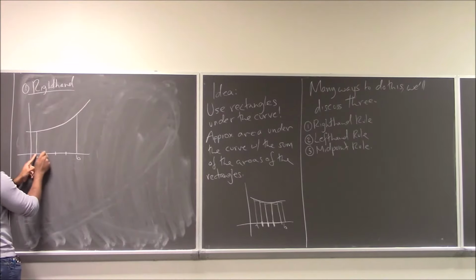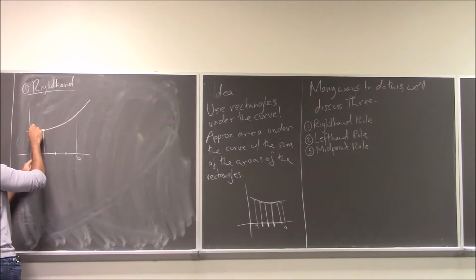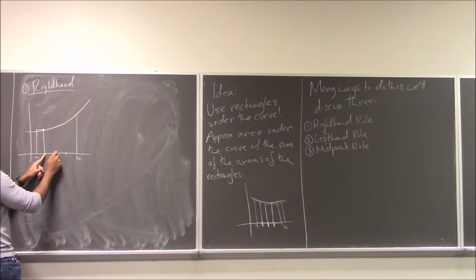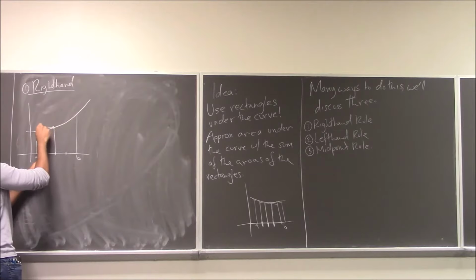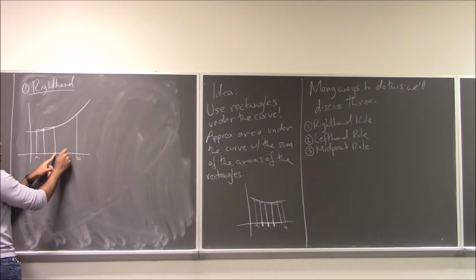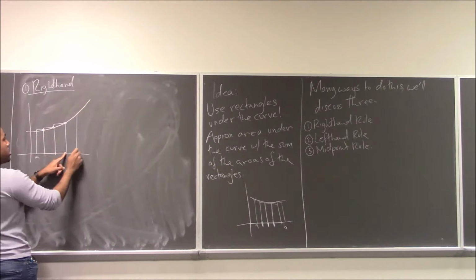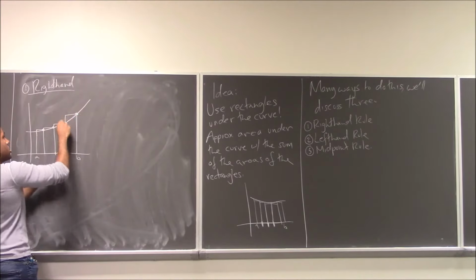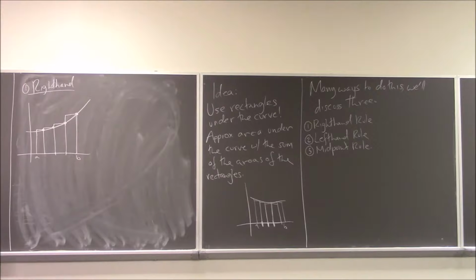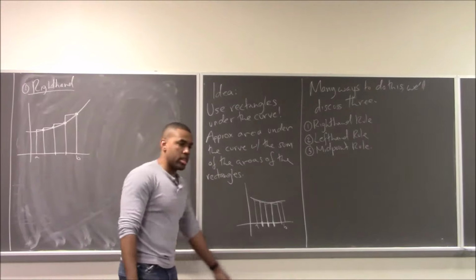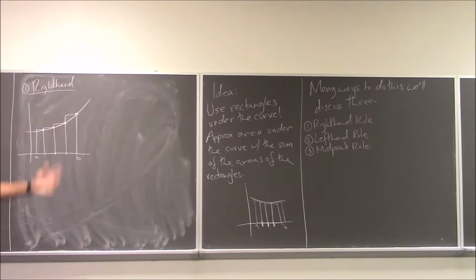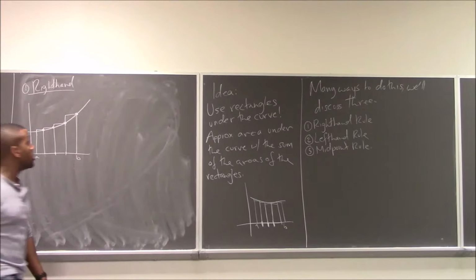So I look at this interval, I go to the right side, touch the curve, and I make that the height. Right side, touch the curve, that's the height. So this is approximating the area using the right-hand rule, right? Basically, you cut things up into a bunch of subintervals, put rectangles on those, and the height of the rectangle is determined by the right side of the interval.